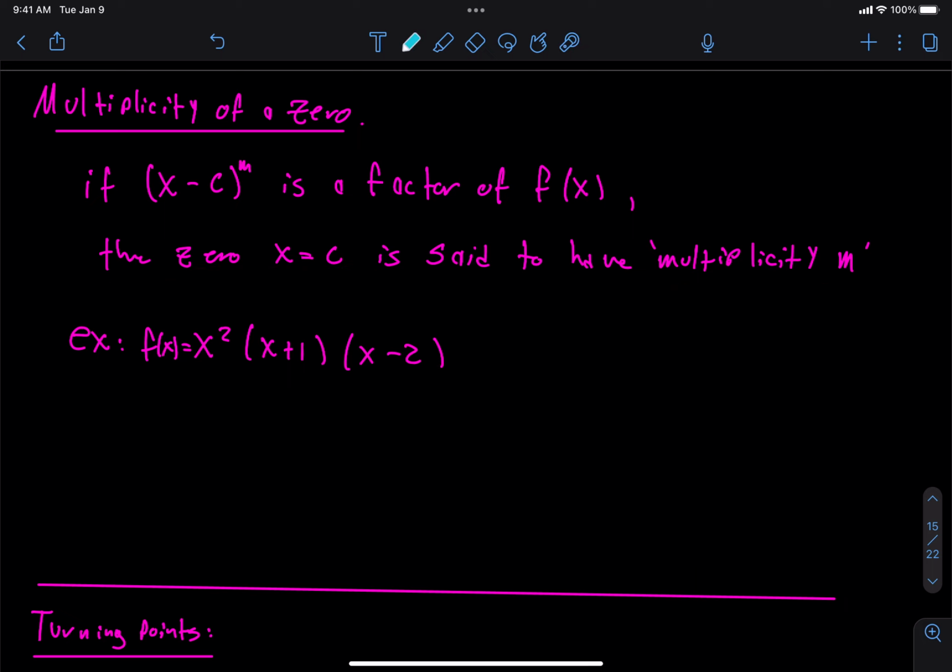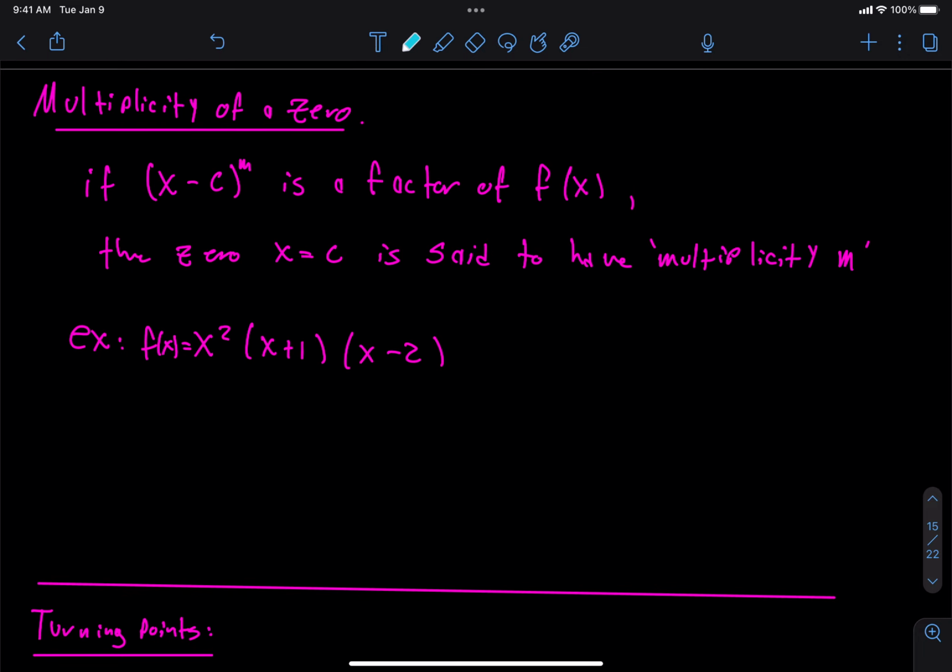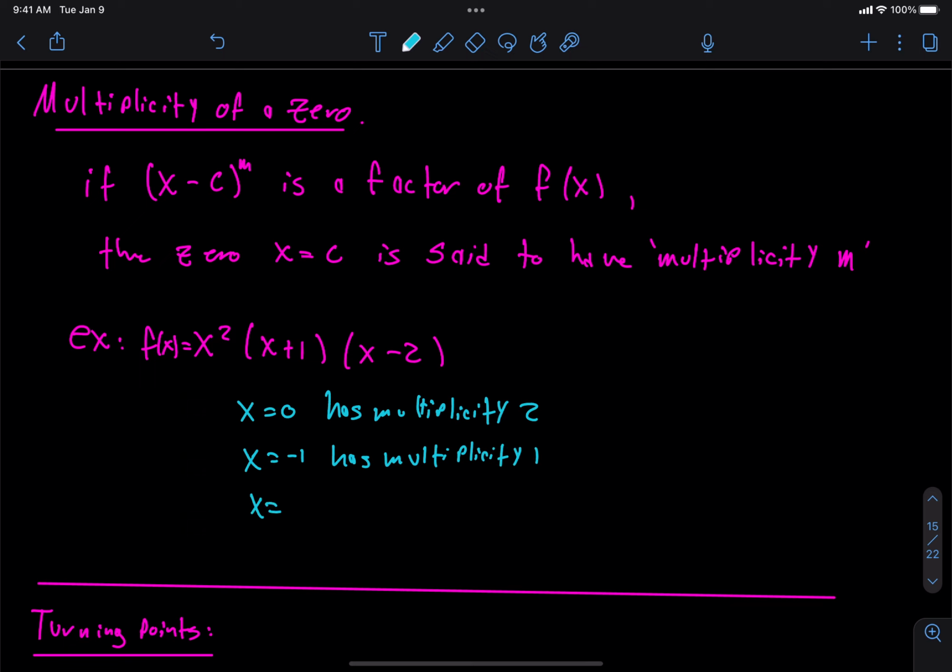Okay, so for example, here we have a function, we have 3 zeros. x equals 0 has multiplicity 2, and x equals negative 1 has multiplicity 1, and x equals 2 has multiplicity 1, right?